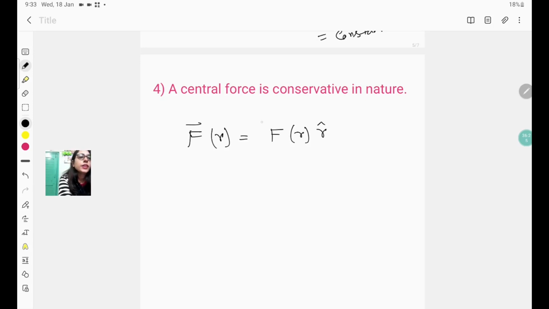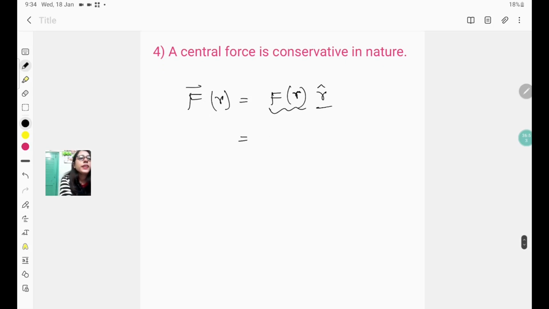Here F r is the magnitude part and r cap is the unit vector part.